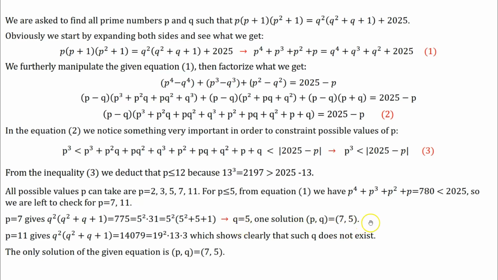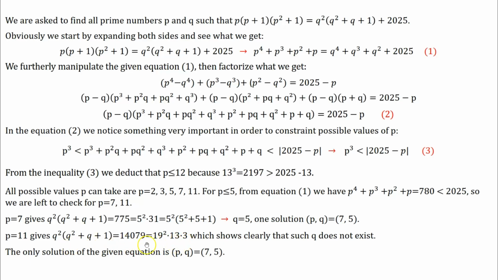So one solution that we found is p and q equal to 7 and 5. Now, when p is equal to 11, we get from this equation that q squared times (q squared plus q plus 1) is equal to 14,079, which itself is equal to 19 squared times 13 times 3.